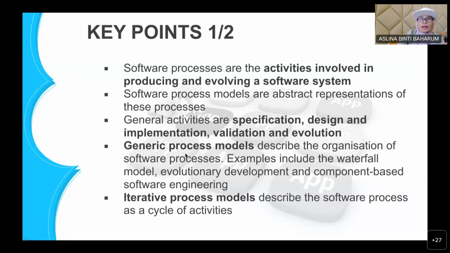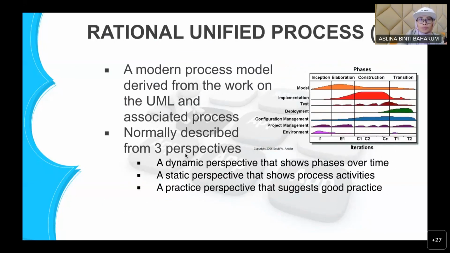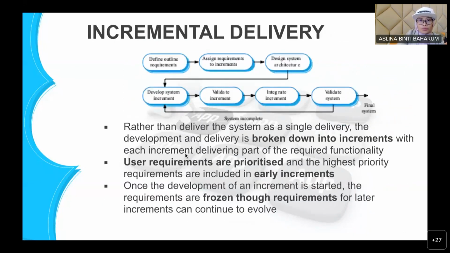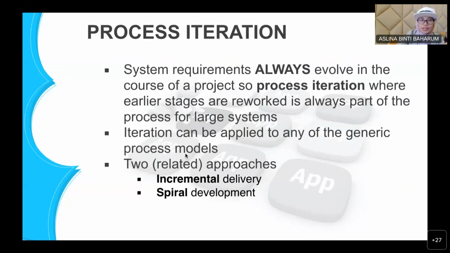For evolution and iteration, for example, the industry currently is using Scrum and also agile, but the example is not in the slide. Later on when you do a search, you will find this one, and it can be your model for your final year project as well.